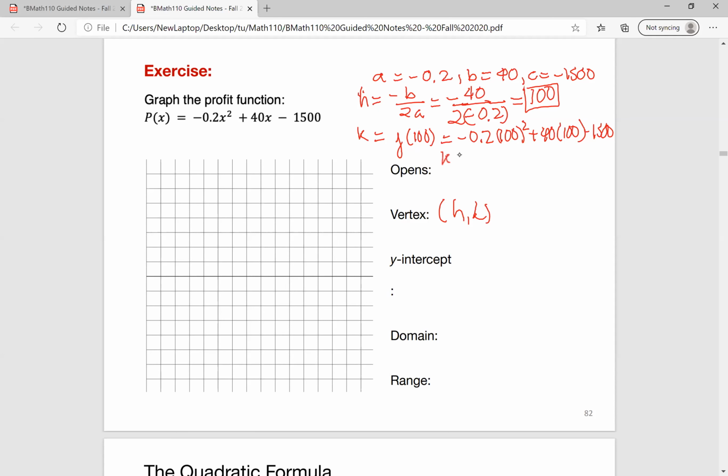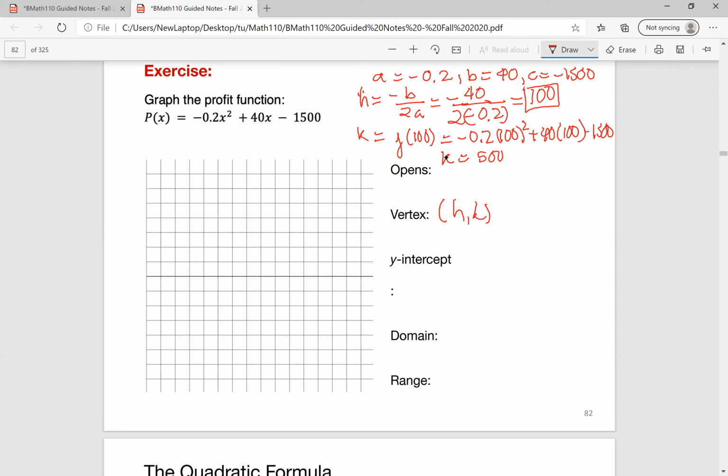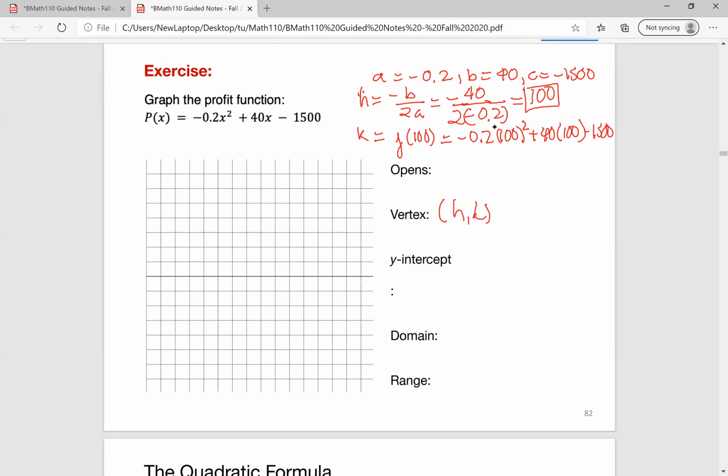So this K will be equal to 500. Okay, we'll make sure one more time. And yes, it's equal to 500.